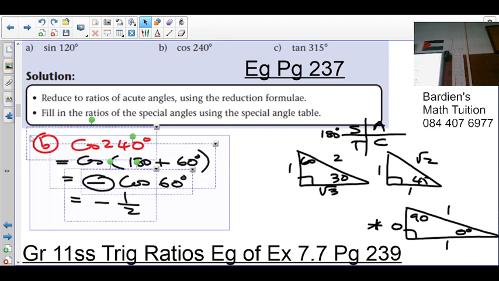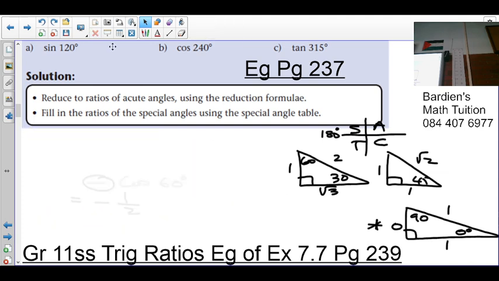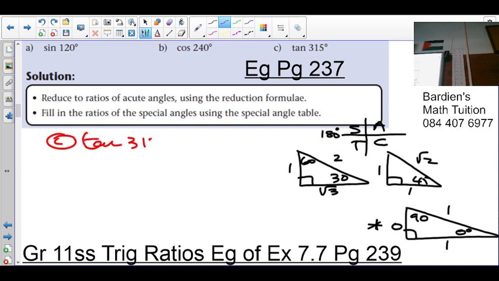Alright, let's look at the last one of example 1. You've got tan of 315 degrees. In which quadrant is 315 degrees?